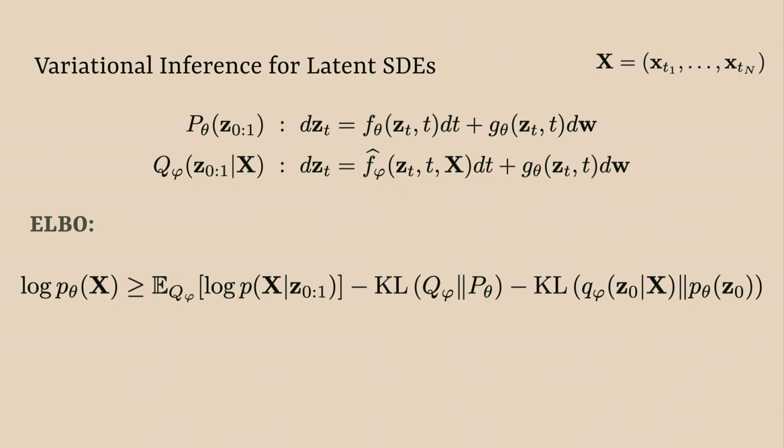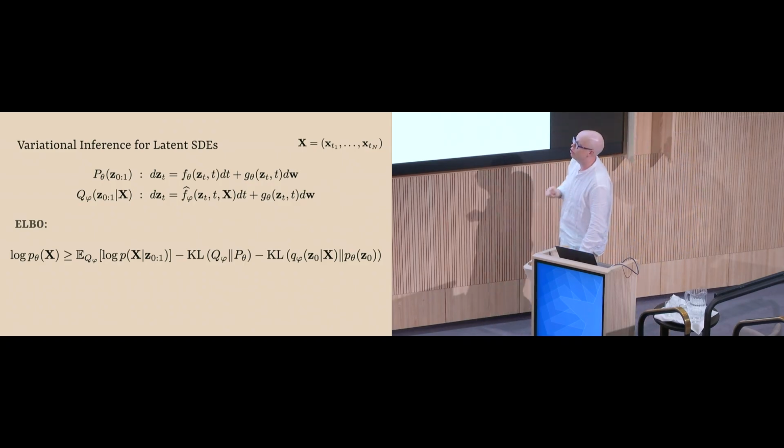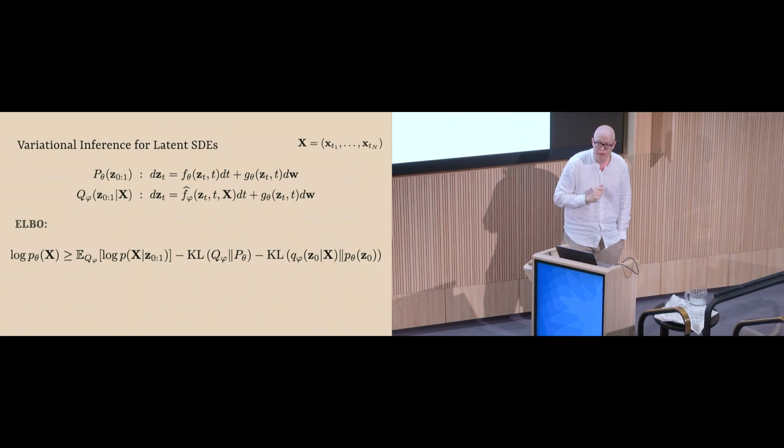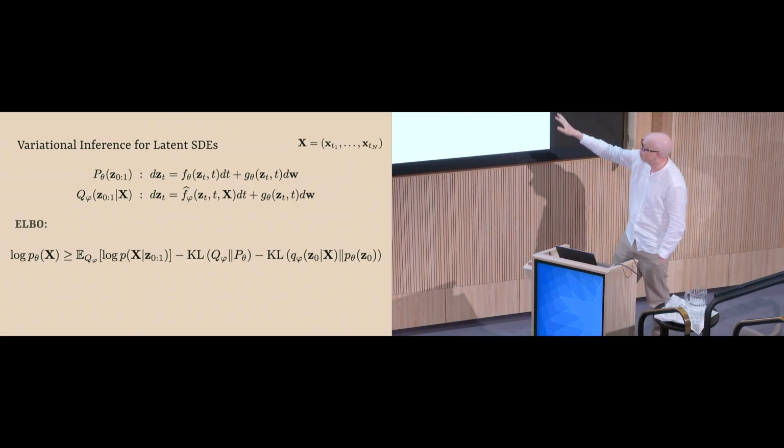So P here is the prior, Q is our approximation to the true posterior over trajectories. Because now it's a stochastic process, the approximate posterior is also an SDE. But this is possible to do.